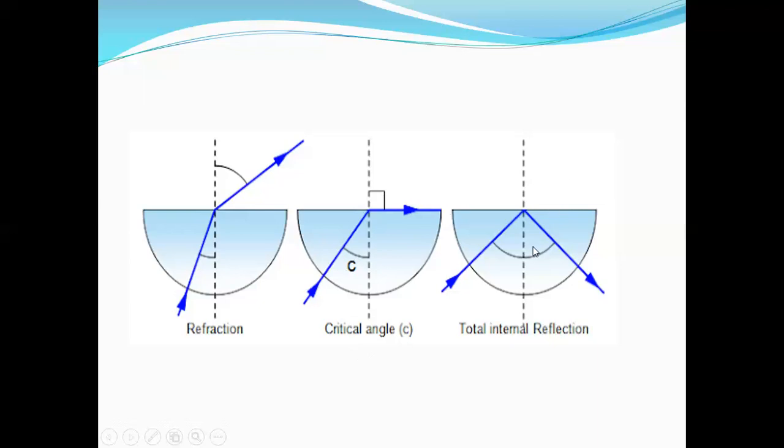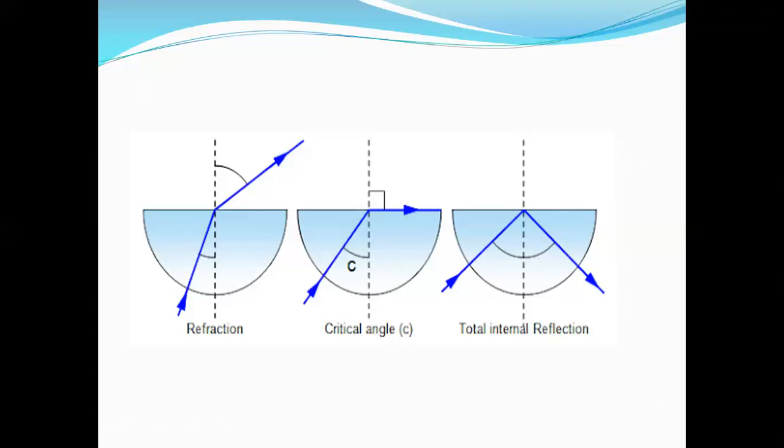Again, in the third diagram, the same semicircular glass slab. When the angle of incidence increases beyond the critical angle, then no refraction takes place. Instead of refraction, reflection occurs. Light bounces back into the same medium and obeys the laws of reflection, in which the angle of incidence is equal to the angle of reflection.